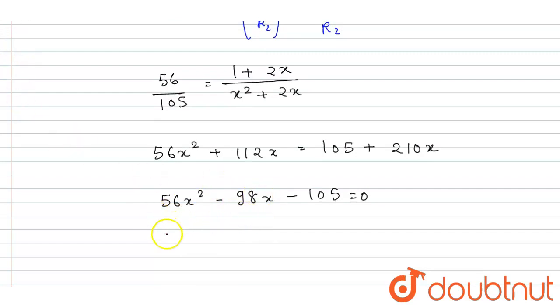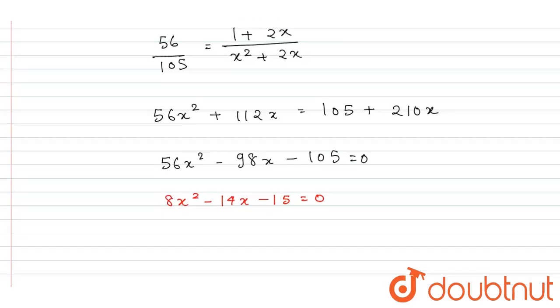Now you can divide this equation by 7. So 56 by 7 will be 8x square, 98 by 7 will be 14x, and 105 divided by 7 will be 15, and it is equal to 0. So now you can solve it.